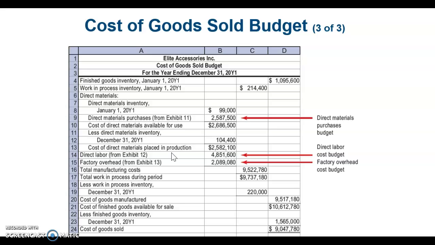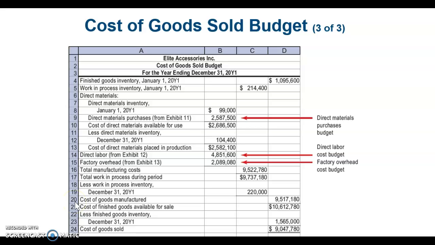Okay, so let's just look at this cost of goods sold budget. It looks just like what we've been doing, but it's budgeted numbers. Let's look at the cost of goods manufactured section first. It starts on line 5 and goes to line 20.